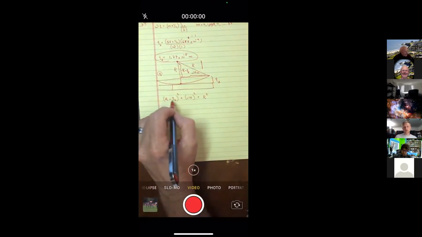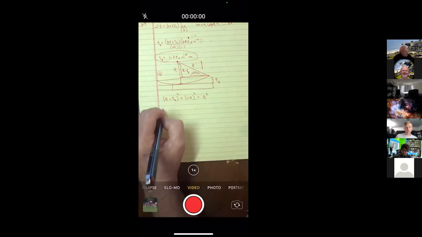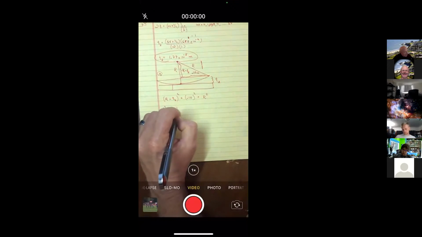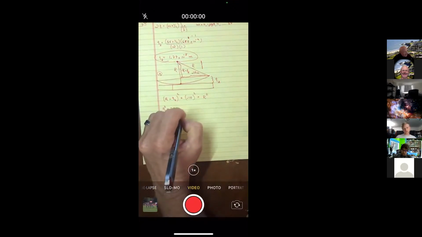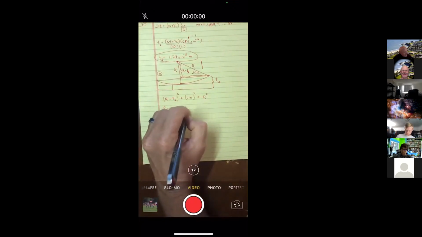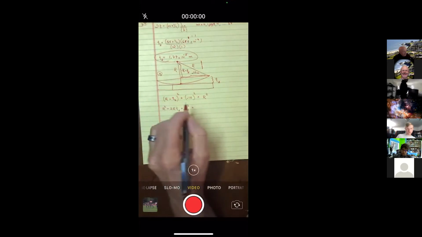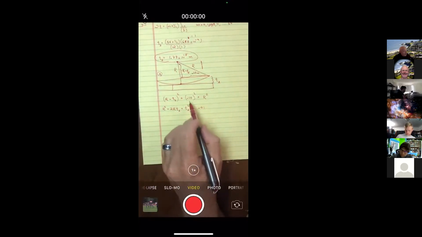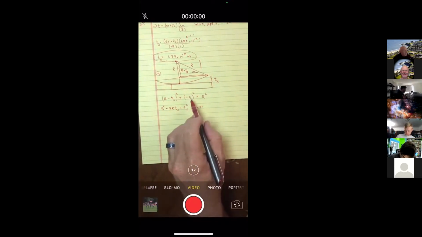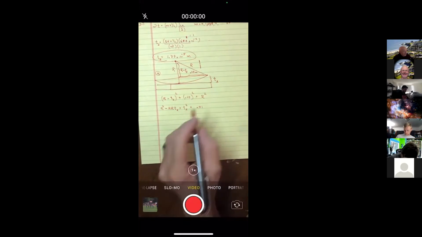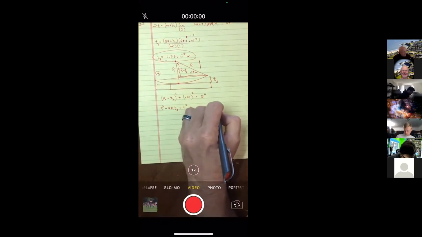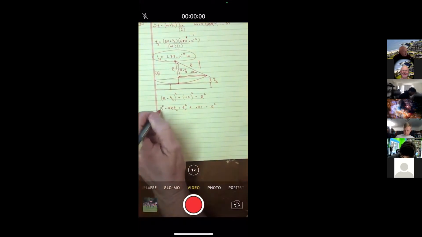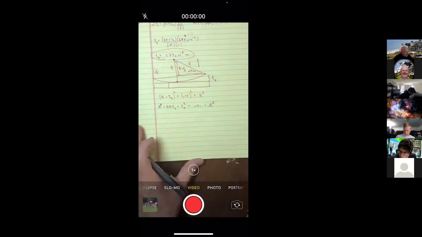And now if I FOIL this out, this is R squared minus 2R T sub L plus T sub L squared, plus 0.1 squared, 1/10 squared is 1/100th, and then R squared. Fortunately, then the R squareds cancel off.